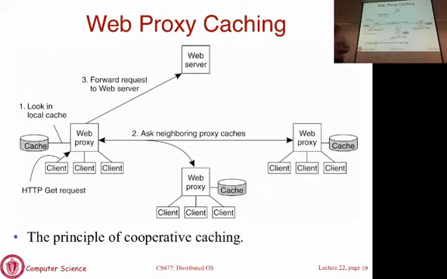The proxy asks, do I have this content that's in the GET? Do I have that web page? If the answer is yes, you're done, you send back the response. If the answer is no, which is a cache miss, you can do one of 2 things. You can ask a nearby cache, do you have it? And if so, you get it from there rather than going to the server. And if none of them have it, only then you go to the server. If you do this, then the caches are cooperating with one another to service requests.